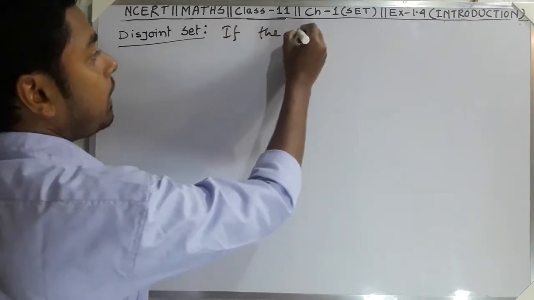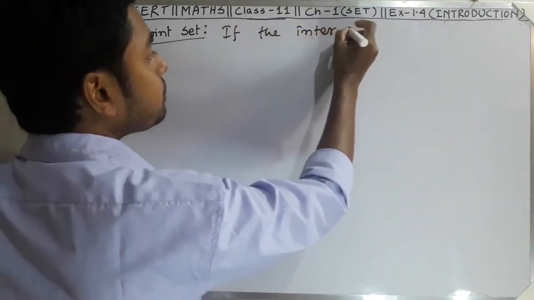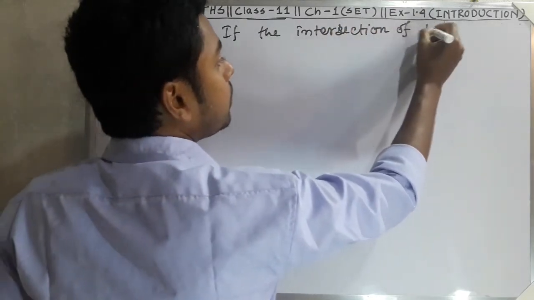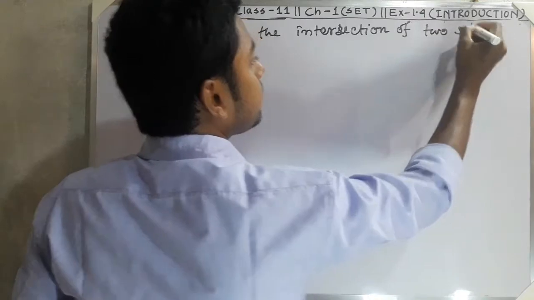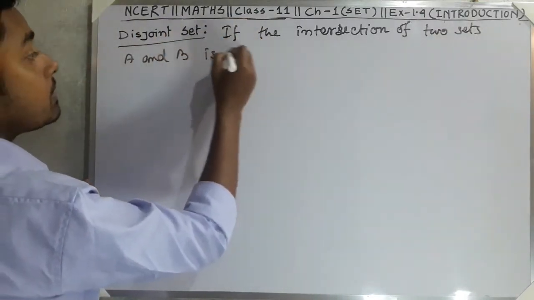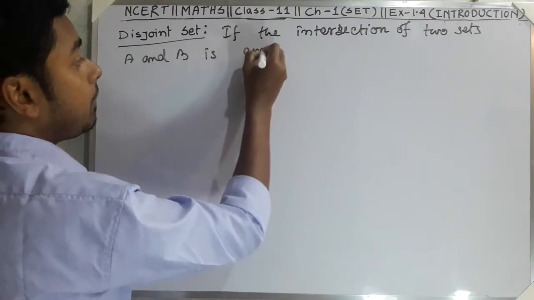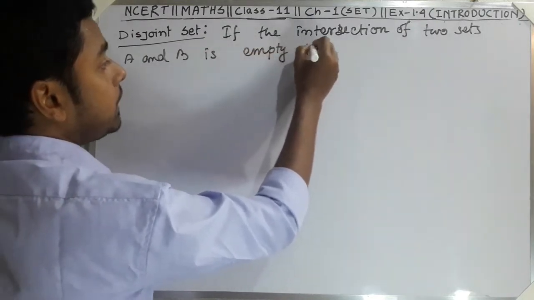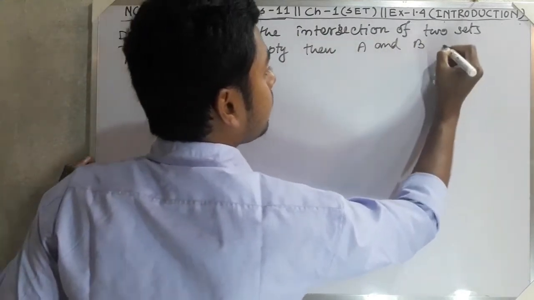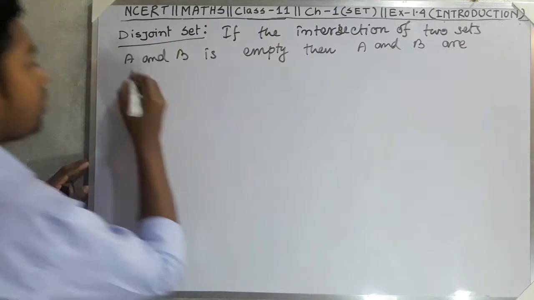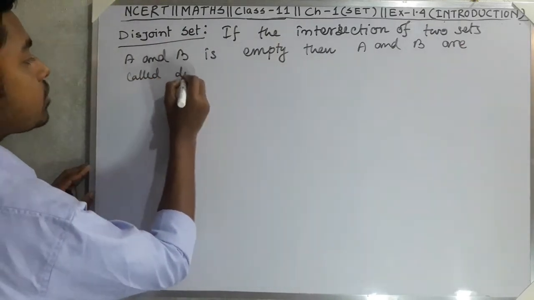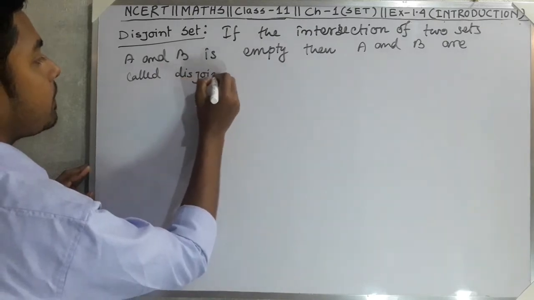Disjoint set means if the intersection of two sets A and B is empty, then A and B are called disjoint sets.